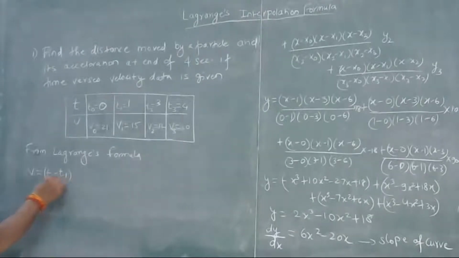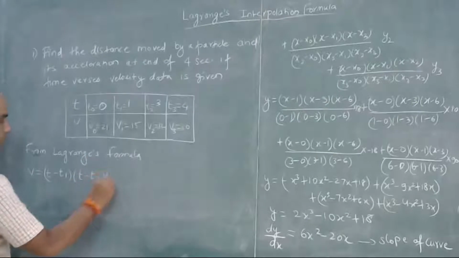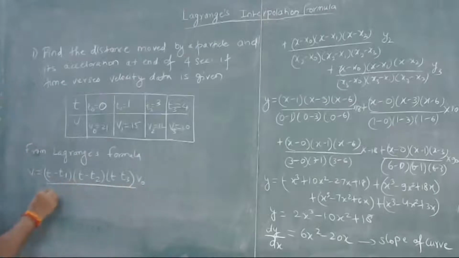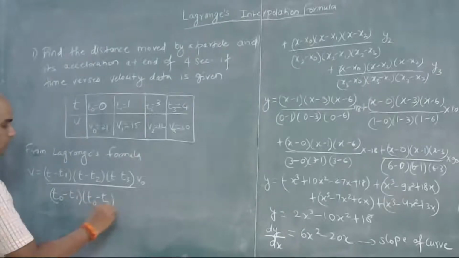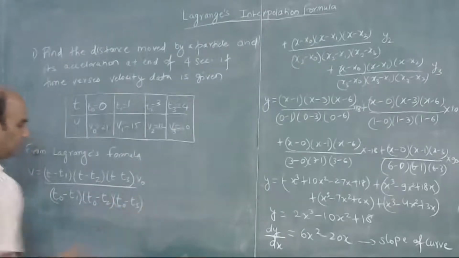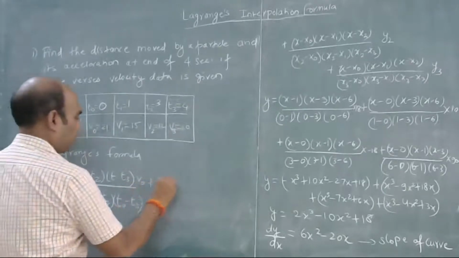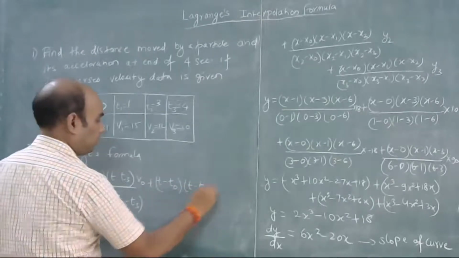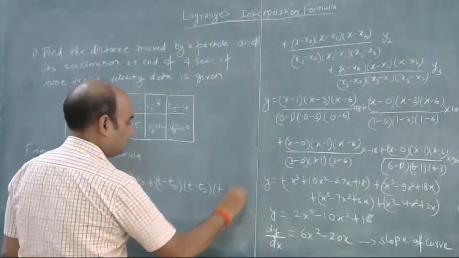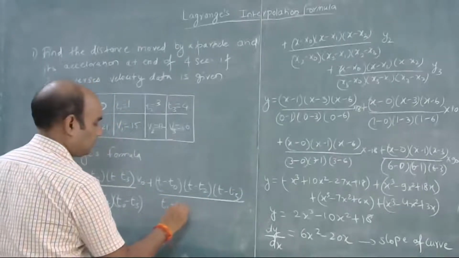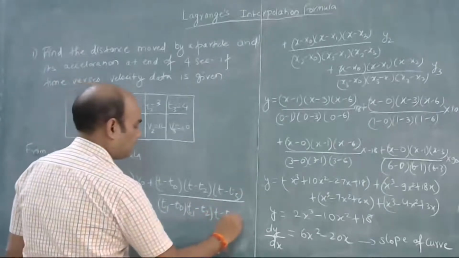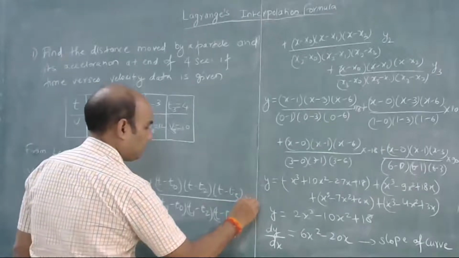So this will become (t minus t1)(t minus t2)(t minus t3) multiplied by v0, whole divided by (t0 minus t1)(t0 minus t2)(t0 minus t3), plus (t minus t0)(t minus t2)(t minus t3) whole divided by (t1 minus t0)(t1 minus t2)(t1 minus t3) multiplied by v1.